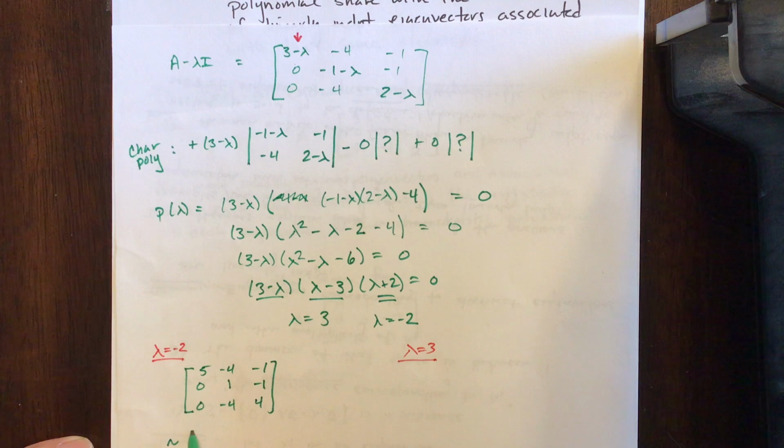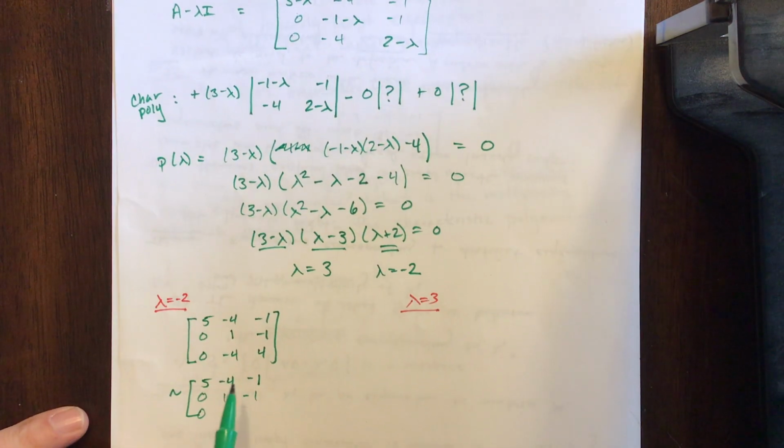So we row reduce this, we get 5, negative 4, negative 1, 0, 1, negative 1, and if I scale the last row by dividing by negative 4, we get 0, 1, negative 1, so that's 0, 0, 0.